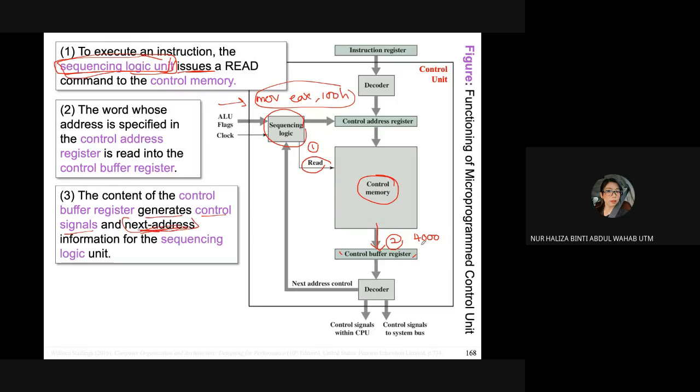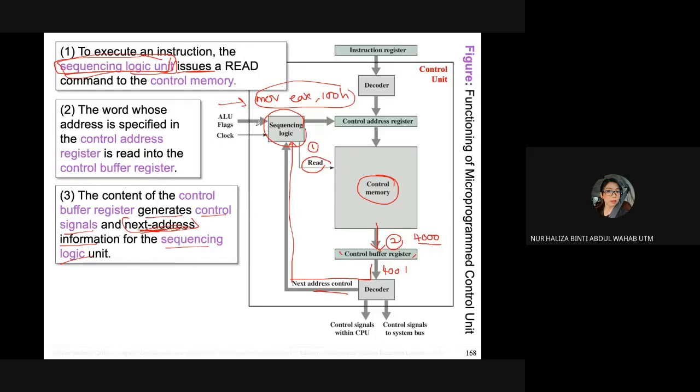This one is important because the first initial value is, let's say, 4,000. And when it's generated, the output will be 0001, the next address information for the sequential logic. So it will send the new address to your sequential logic.